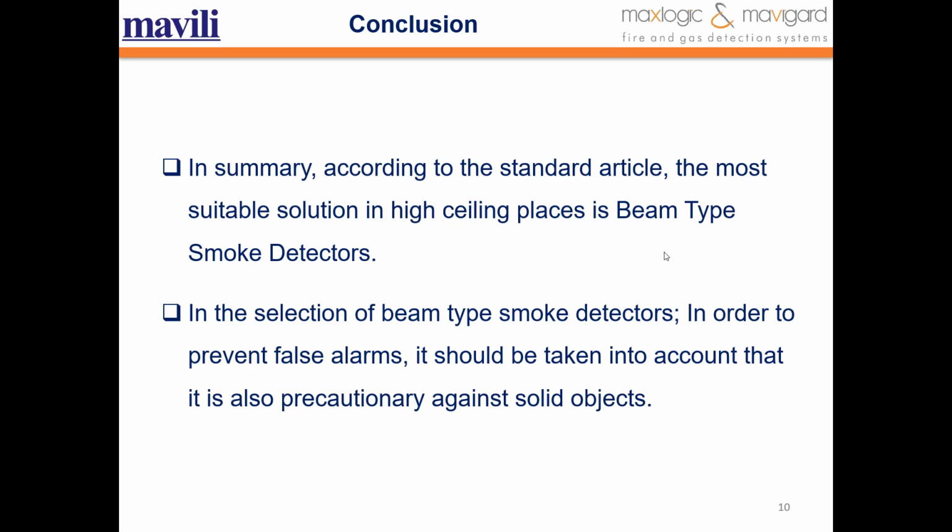If a solid object enters between the receiver and the transmitter momentarily, after a certain delay time, between 6 to 8 seconds, if the interruption of the beam exchange continues, the detector should go into the fault state. If the detector goes into fire state due to a solid object, a false alarm condition may occur. For this reason, this feature should be taken into account when choosing a beam type smoke detector.